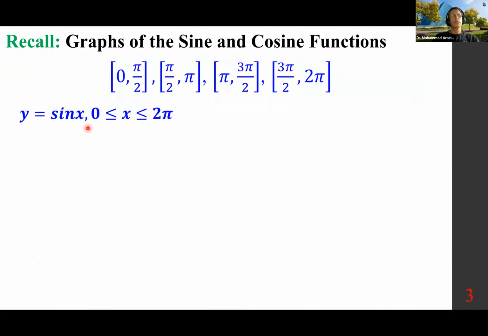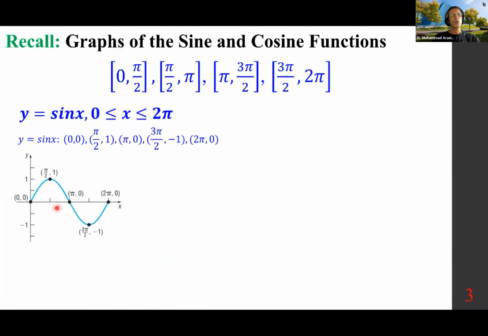Recall y equals sine x. When we cut the domain into 0 to 2 pi and restrict it, then we can use 5 key points. We cut that into 4 equal sub-intervals: 0 to pi over 2, pi over 2 to pi, pi to 3 pi over 2, and 3 pi over 2 to 2 pi.